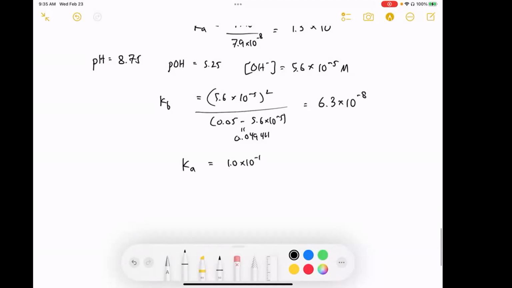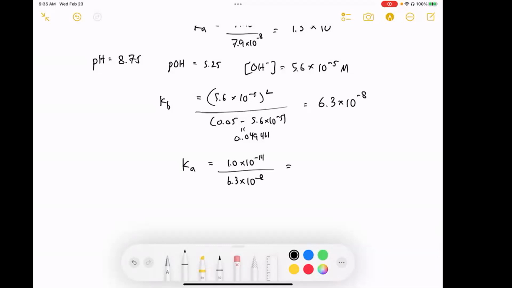Now, if we divide that, 1.0 times 10 to the negative 14 divided by 6.3 times 10 to the negative 8 equals 1.0 e to the negative 14 divided by 6.3 e to the negative 8.